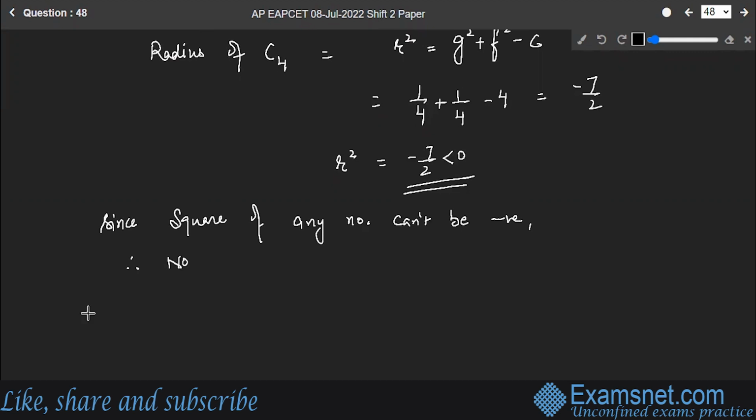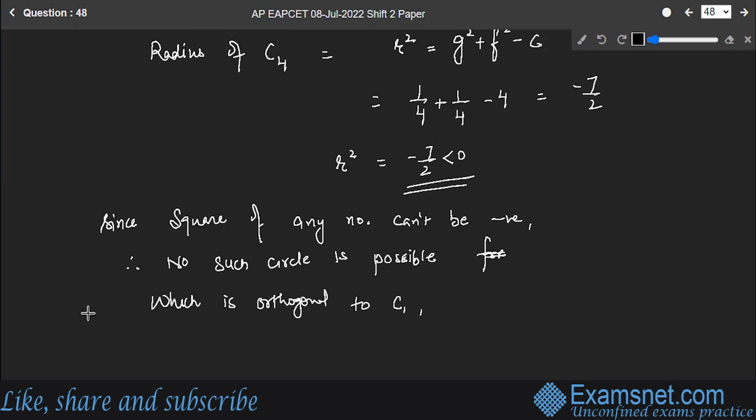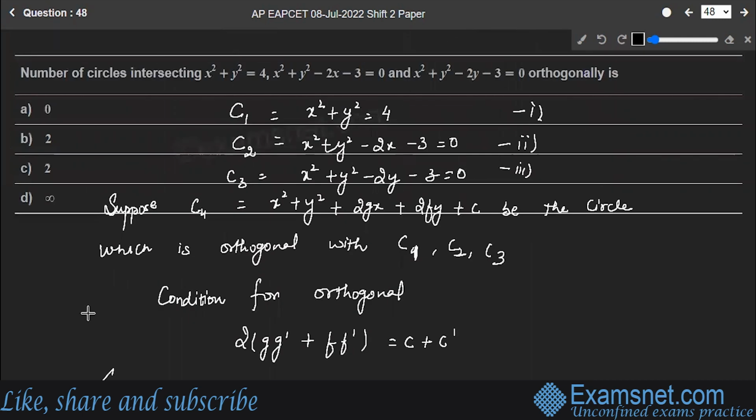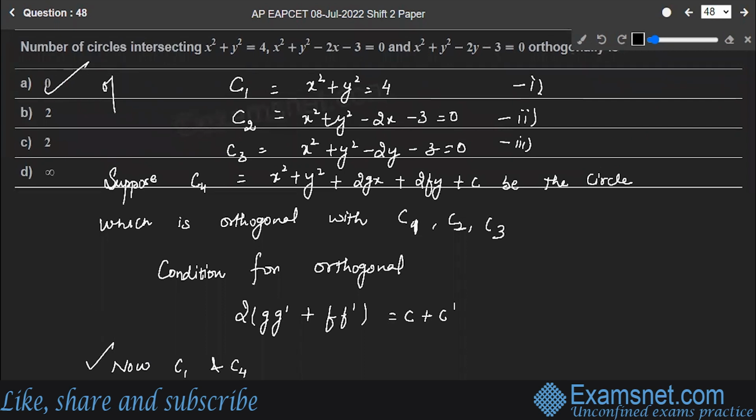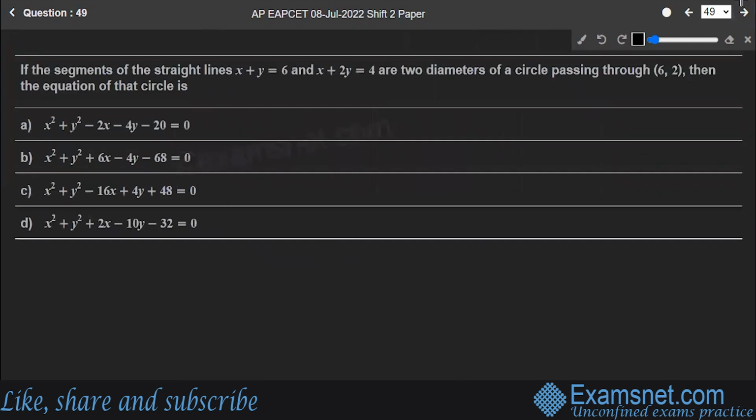Therefore, no such circle is possible which is orthogonal to C1, C2 and C3. Okay, let's check with the options. 0, option A. Here, next is question number 49.